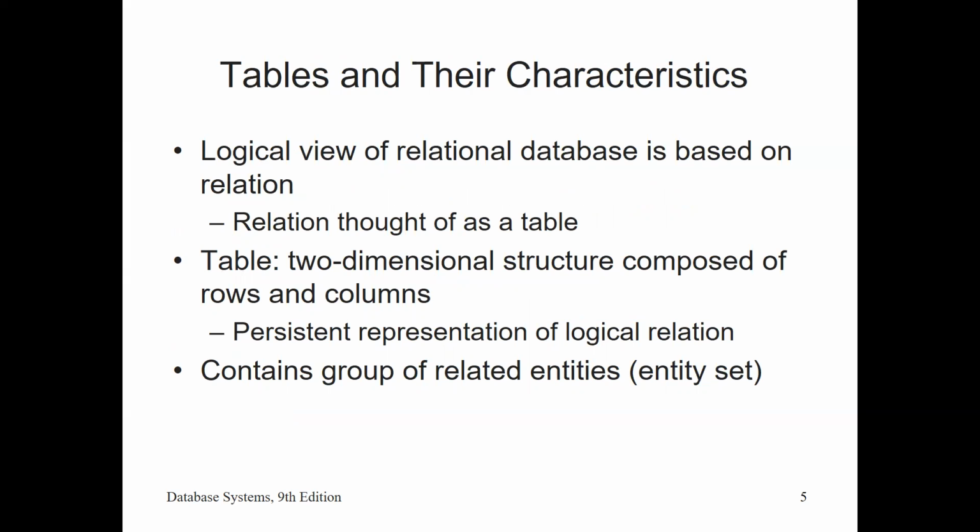Tables and their characteristics. The logical view of a relational database is based on relation. A relation is thought of as a table. A table is a two-dimensional structure composed of rows and columns. It is a persistent representation of a logical relation. It contains a group of related entities, or entity set.